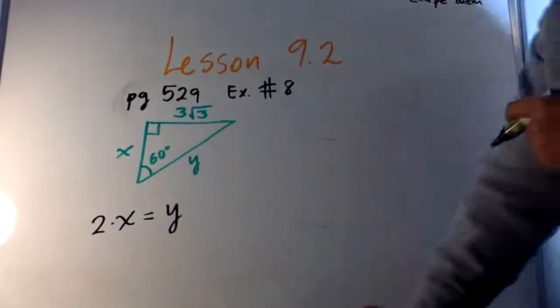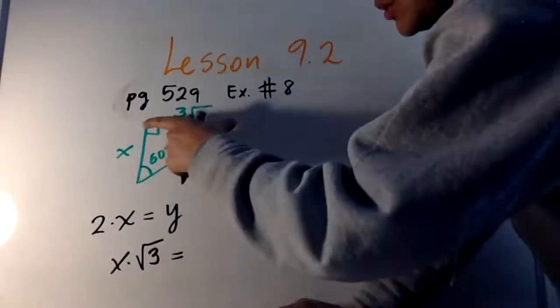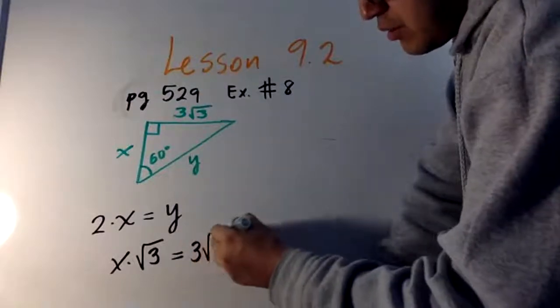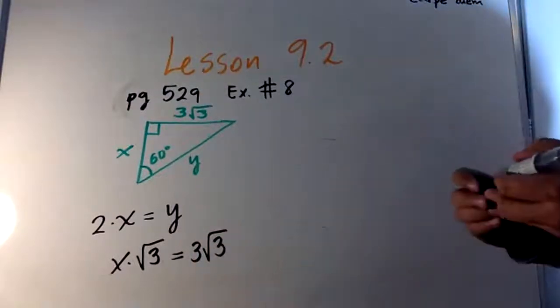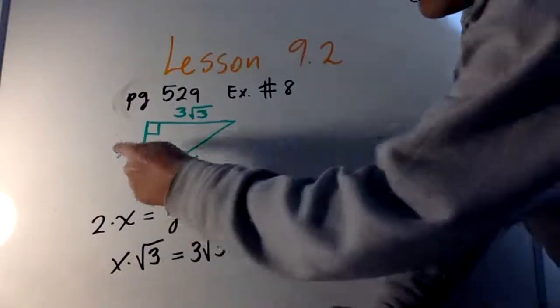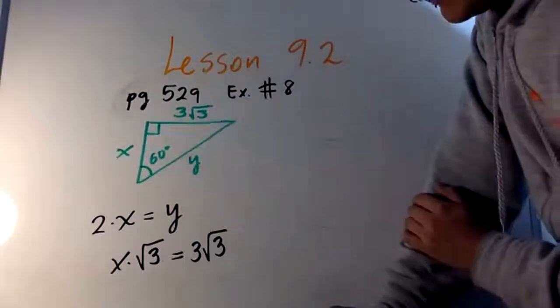You can go back and recheck. The short leg times square root of 3 is equal to the long leg, which in this case is 3√3.